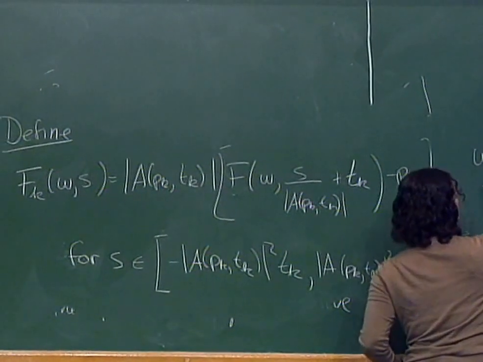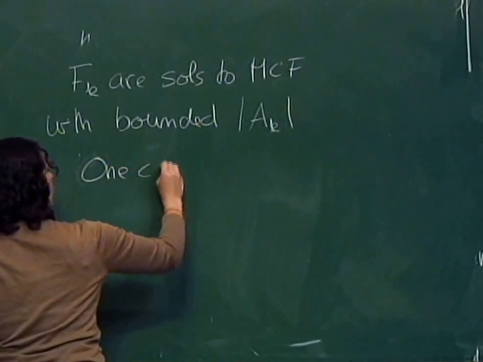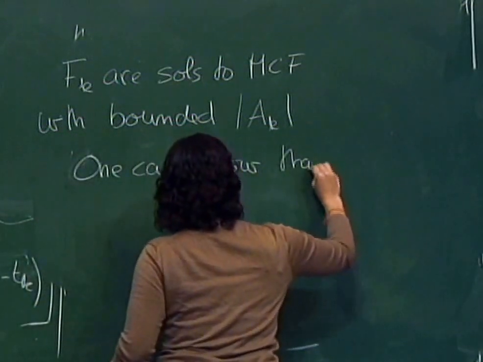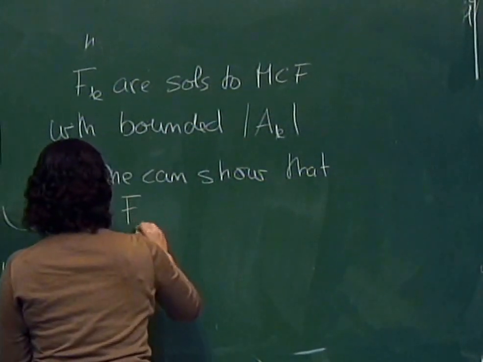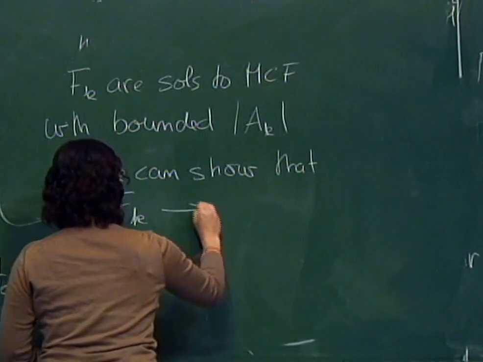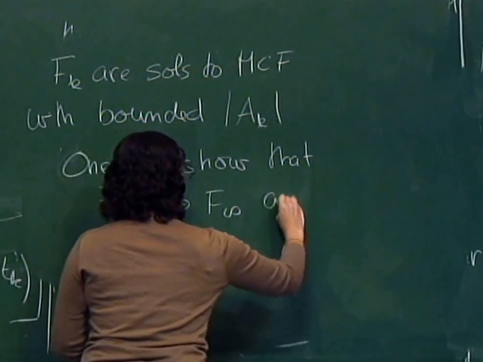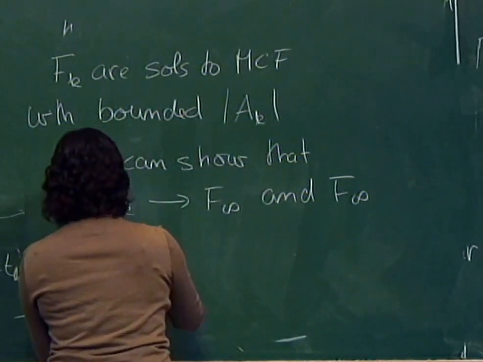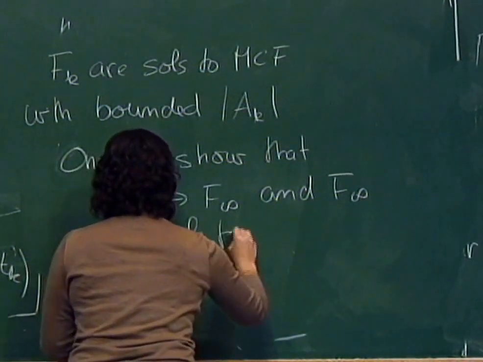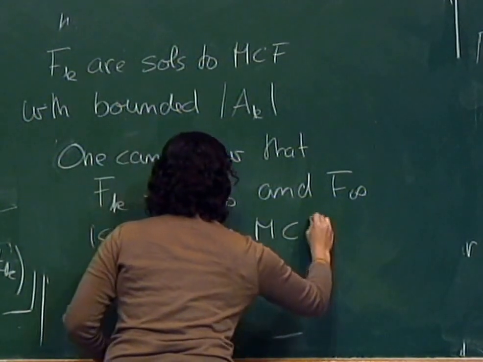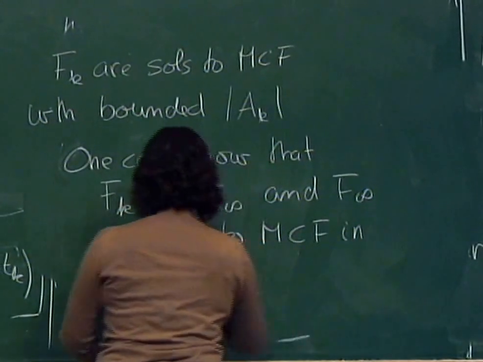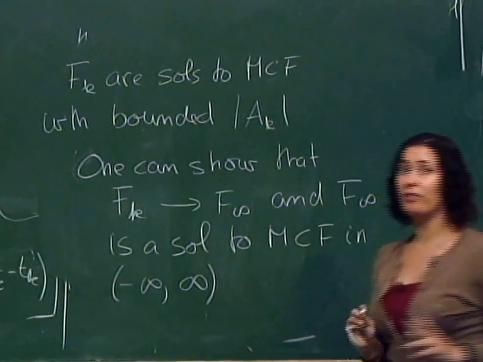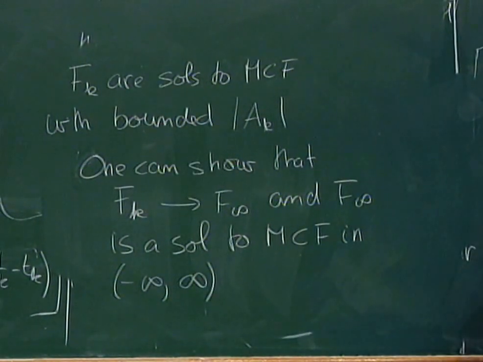I'm not going to go into details, but one can show that F_k converges to F_infinity, and F_infinity is a solution to mean curvature flow in minus infinity to infinity. So it's a solution that is defined for all time, so it's something quite special.